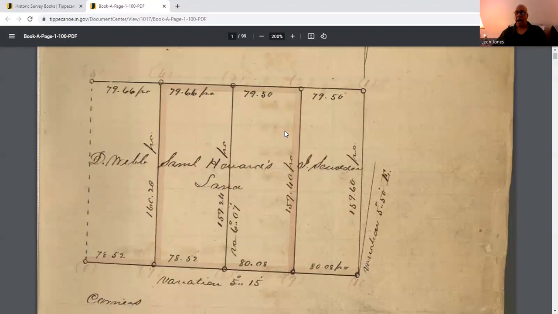The whole object was to set up a system that future surveyors can duplicate, because if you set a monument or some type of fence post, or I've been out on fields where they even use axles, sometimes the monuments can get lost or obliterated.